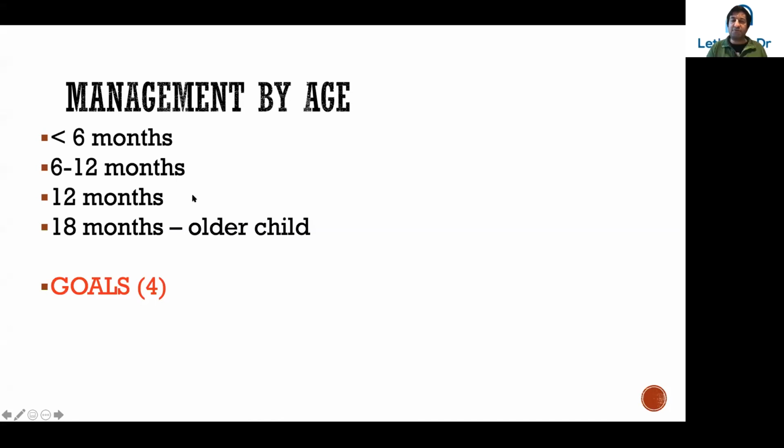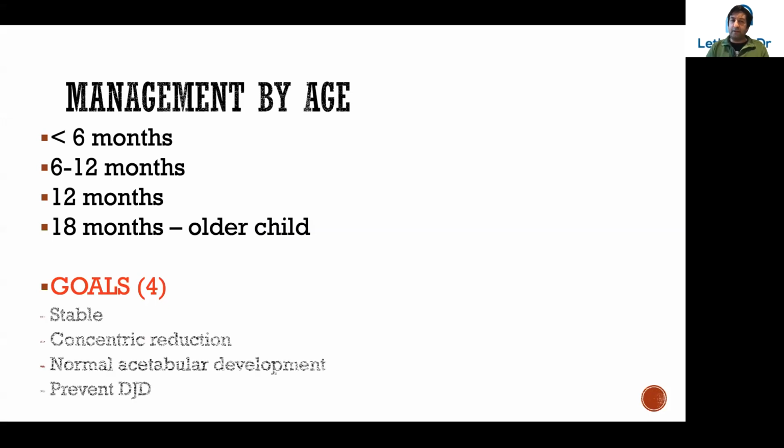So my goals of treatment in DDH are 4-fold. I want to have a stable, concentrically reduced hip, which allows normal acetabular development to prevent degenerative joint disease, okay? And the way that I achieve that depends upon the age of the patient.